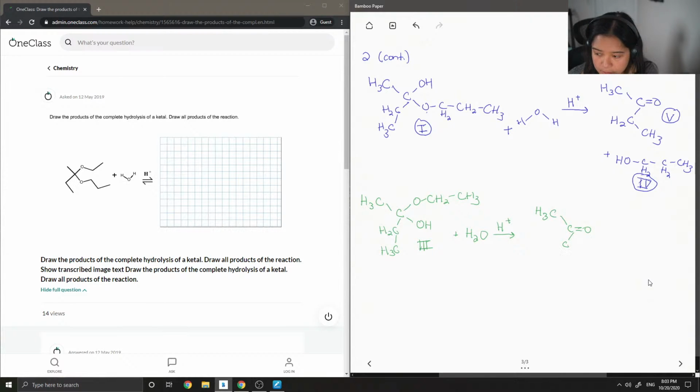So this time a ketone is formed. So you'll notice it's the same thing as compound number 5.